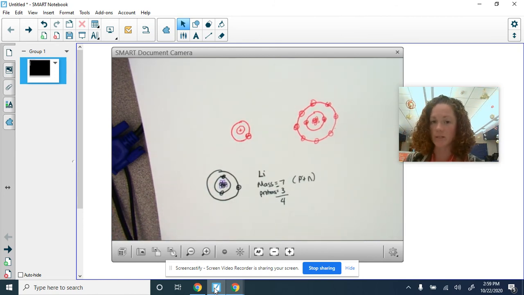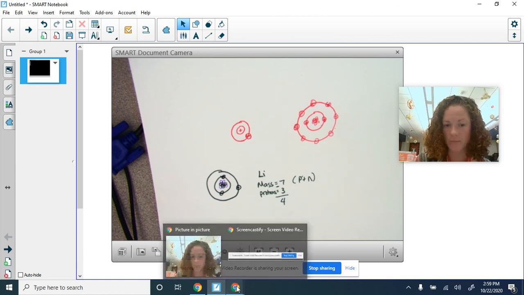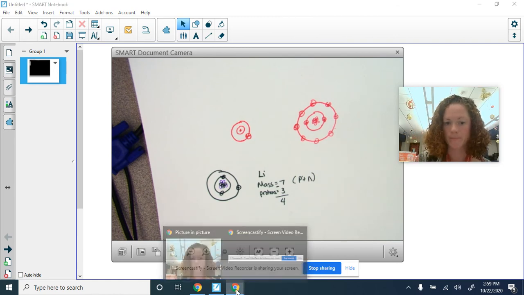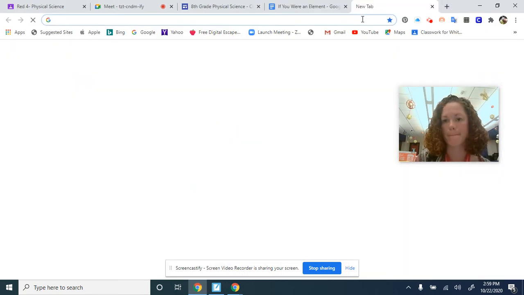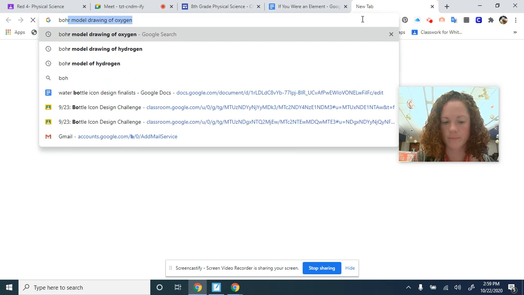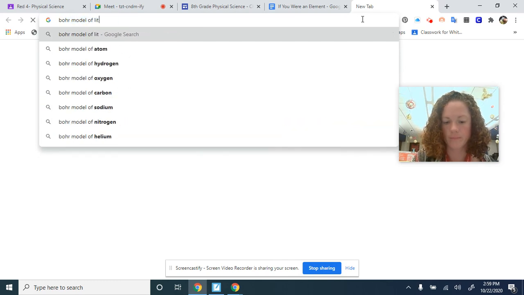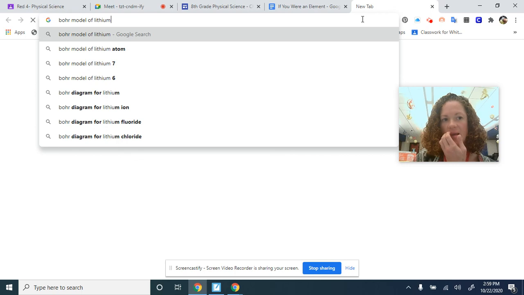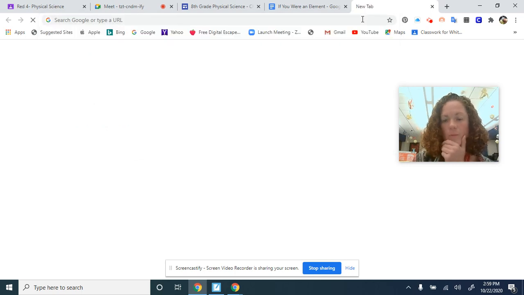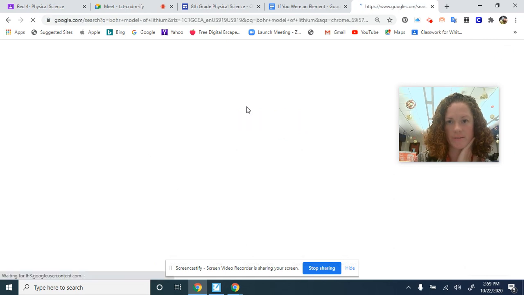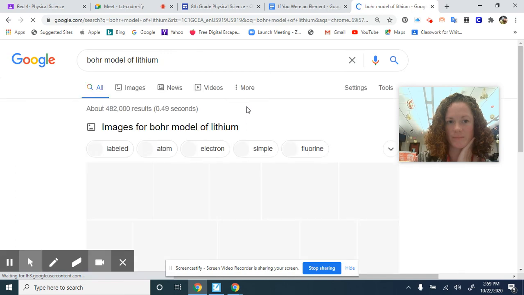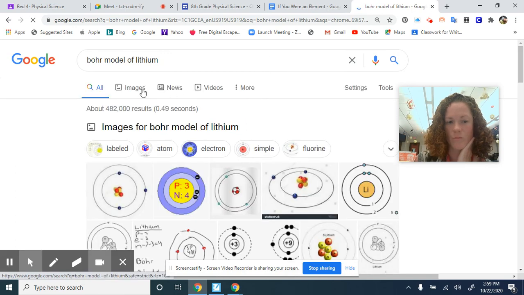But just in case I wasn't too sure and I wanted to double check, I could also type in Bohr model of lithium, go to images, and you'll see that they did the exact same thing that I just did.